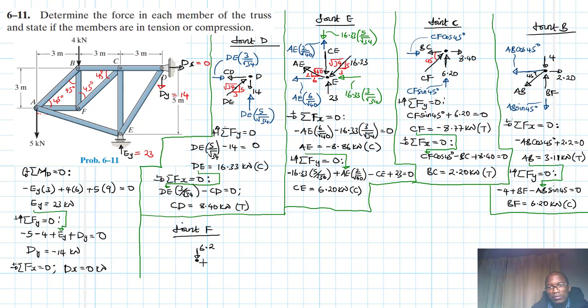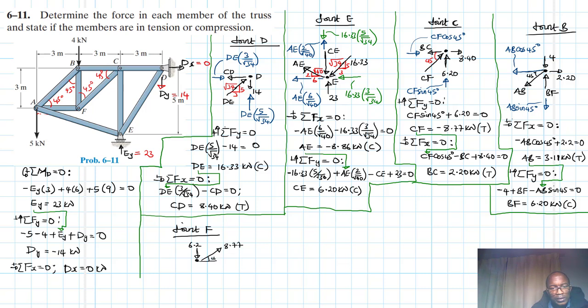And then we have CF is in tension, so we expect this to be going up like this. So let me write this. Okay, this is CF. What is CF? CF is 8.77.